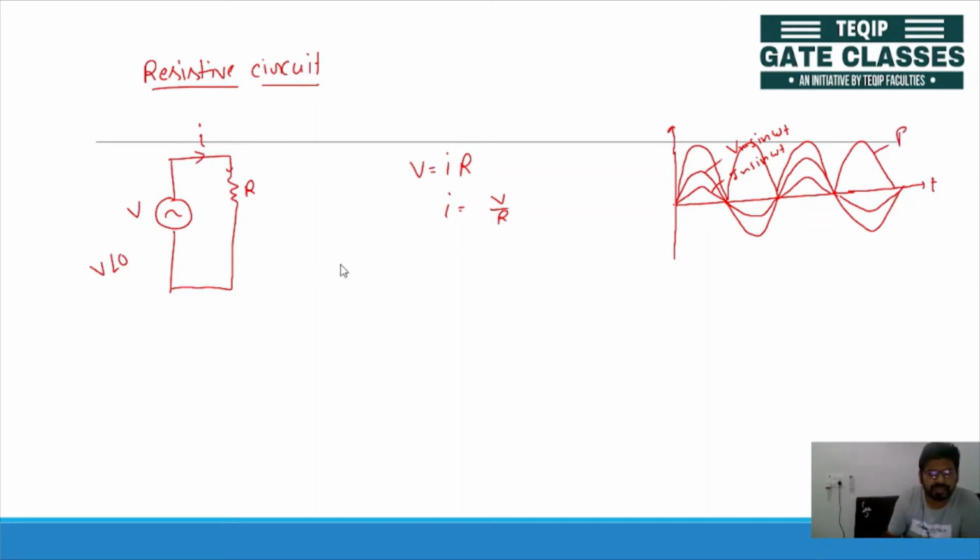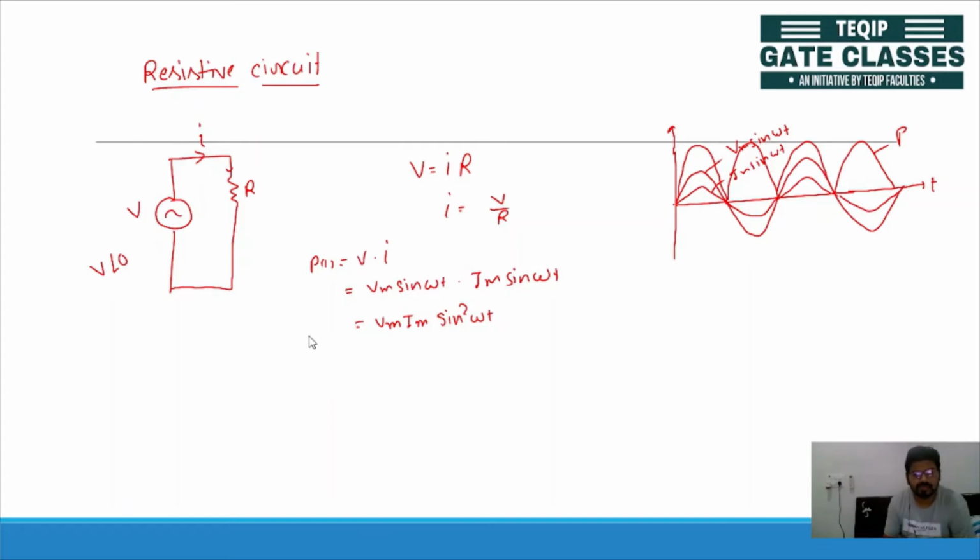If we write the equation of instantaneous power, p(t), what will we write? Instantaneous voltage into instantaneous current, that is Vm sine omega t into Im sine omega t. So Vm Im we can take common, and it will be sine square omega t.